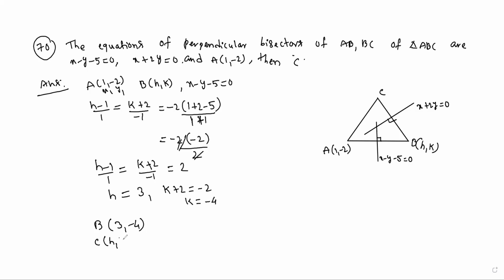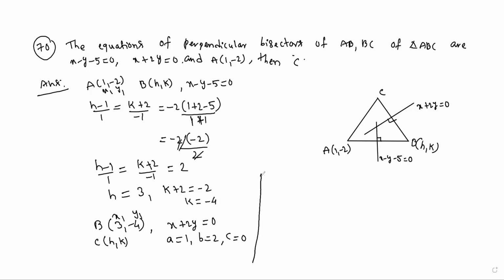Now in the same way, C is h comma k. This will become x1 and y1, and the line is x plus 2y equal to 0. That means A value 1, B value 2, C value 0.